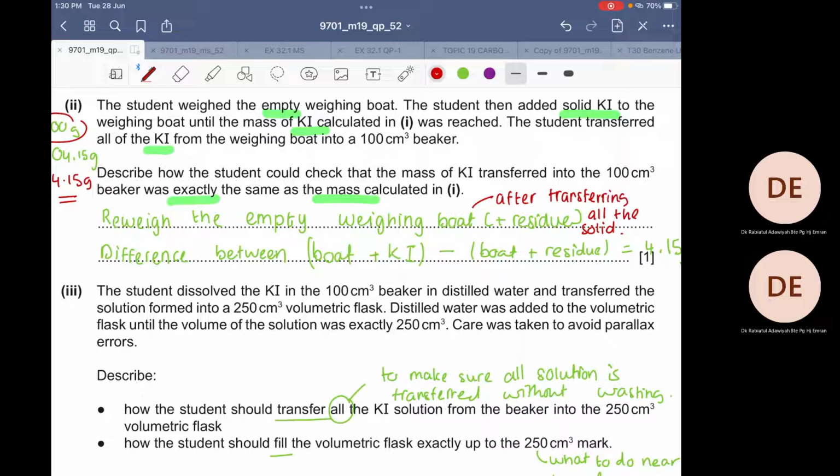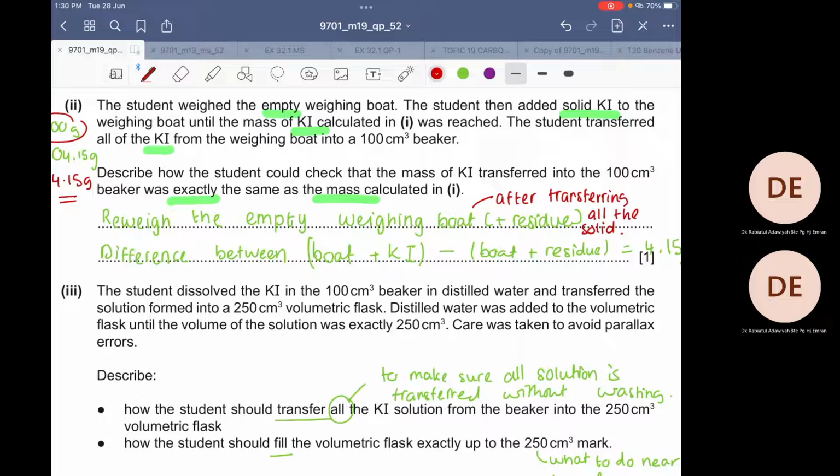Describe how the student should transfer all the potassium iodide solution from the beaker into the 250 cm³ volumetric flask. So now, how can we ensure that we do not waste or throw any potassium iodide solution during this making up of potassium iodide solution?